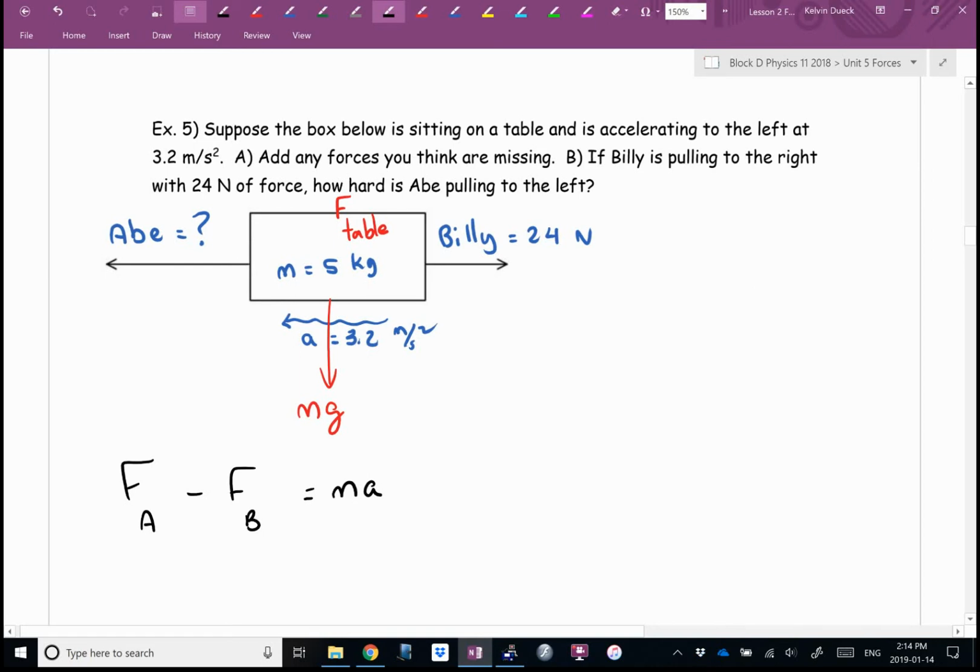I'm looking for a word that starts with letter A and has a B and an E next to it. Help me out, folks. What's it ask me to find? Abe. Sam, how hard Abe's pulling? Okay? Yes? This in my equation. How would I get FA by itself? How will I move this FB over? Well, Sam, what's right in front of the FB?